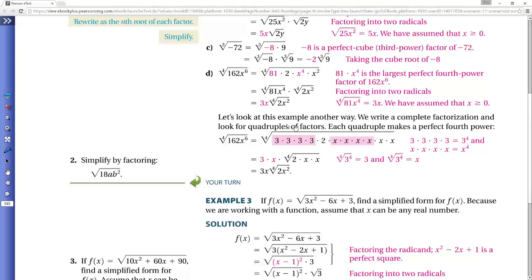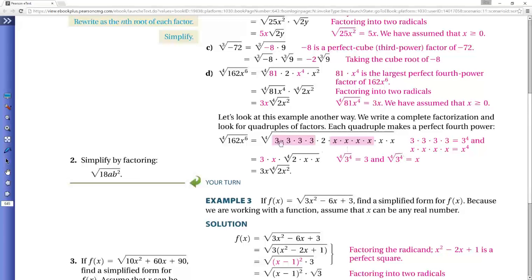If we prime factor 162, we end up with 3 times 3 times 3 times 3 times 2 times all these x's. And you could write this as 3 to the 4th power, 2 to the 1 power, and x to the 6th power. But they separate that and say, well, we're looking for perfect 4th power stuff, right?